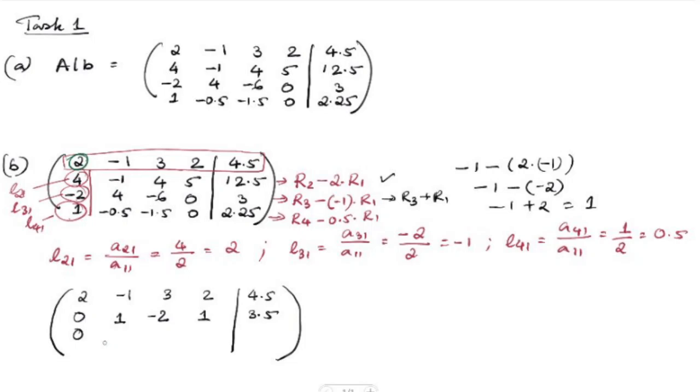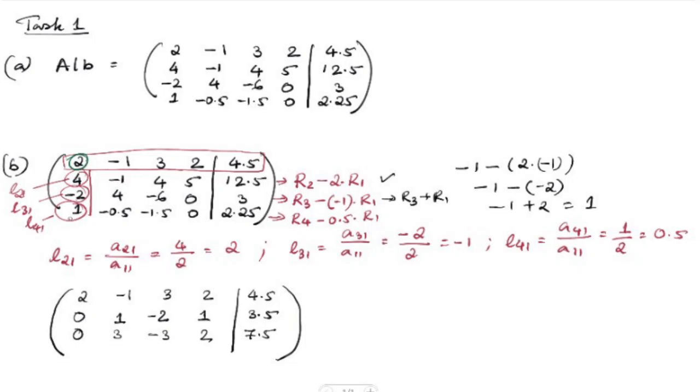So you will always have here then 4 plus minus 1, which is 3, and then you have here minus 6 plus 3, which is minus 3, and then you have 0 plus 2, which is 2, and then you will have here 3 plus 4.5, which is 7.5. And now the last one, we have row 4 minus 0.5 times row 1.